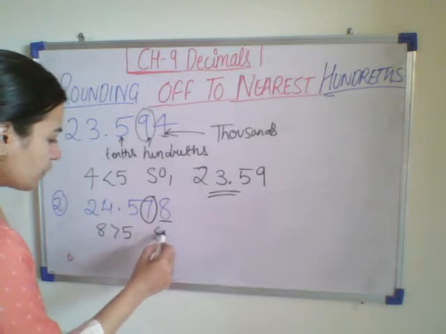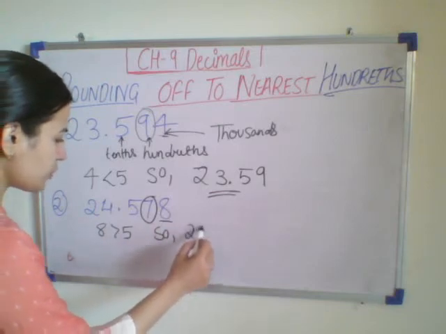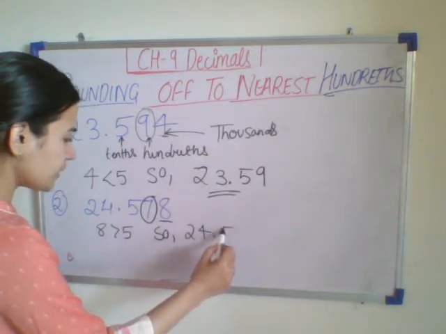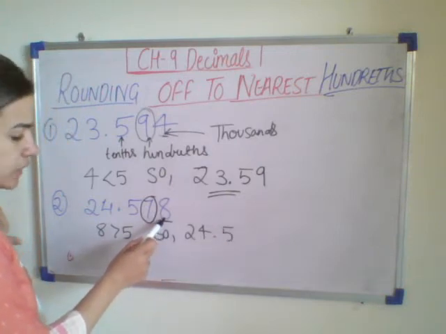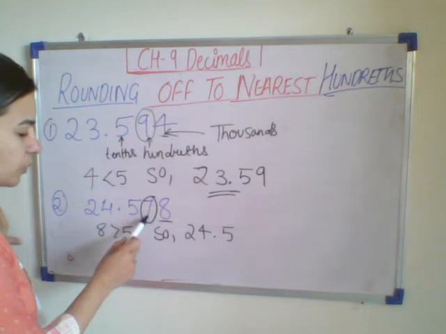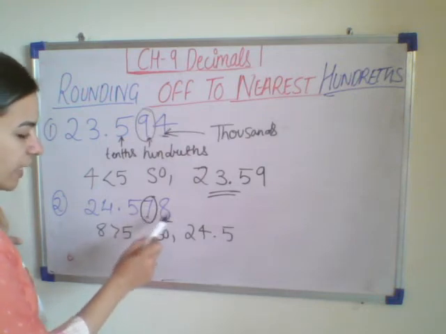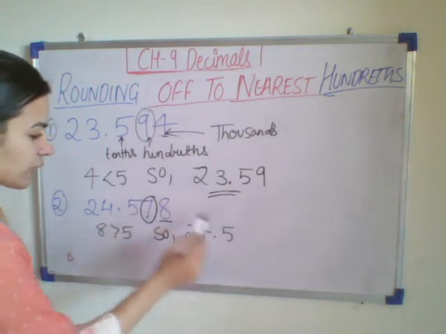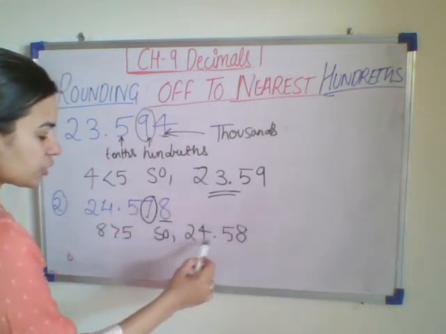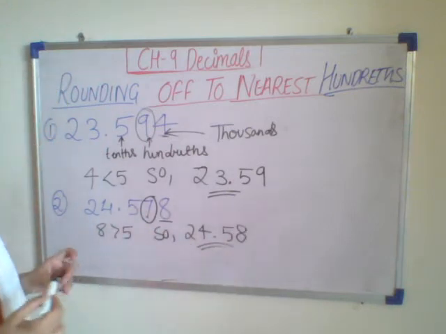So when we round off this digit, it will become 24.5. When the digit is greater than 5 or it is 5, we have to add 1 to the rounding place, that is 7. So it will become 24.58.